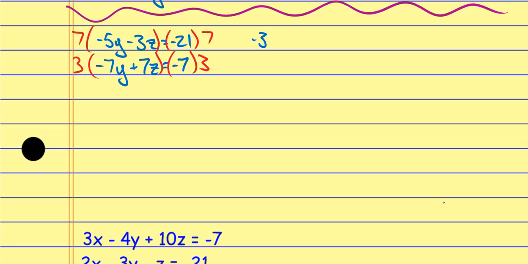Let's see, I've got a negative 35y minus 21z equals, I believe that's a negative 147. And then down here, that's a negative 21y plus 21z equals a negative 21, okay? And see, what I'm doing here is I'm going to eliminate those z values. So now I can add these guys up.